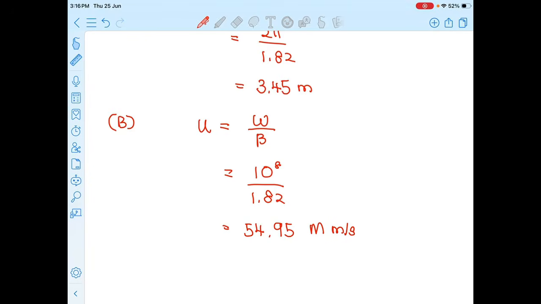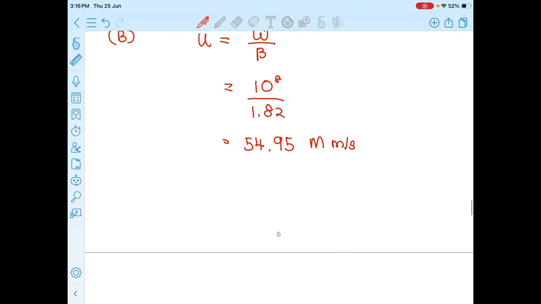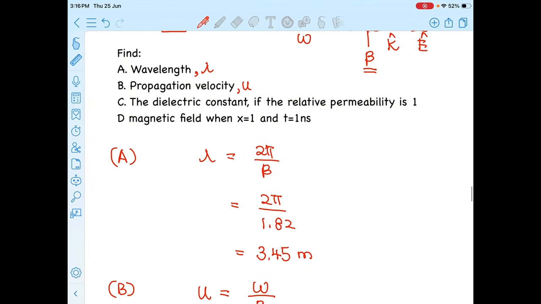Right. Next, the dielectric constant. The dielectric constant means that they're asking you to find epsilon r, if the relative permeability is equal to 1.